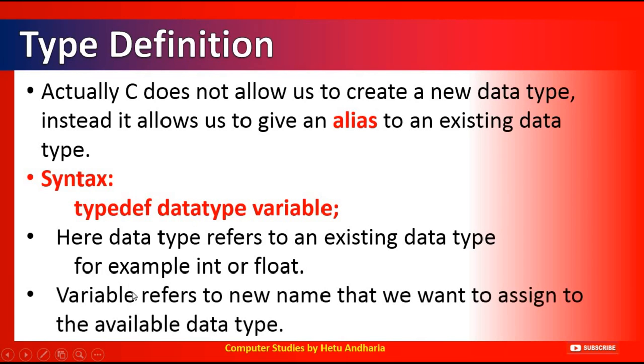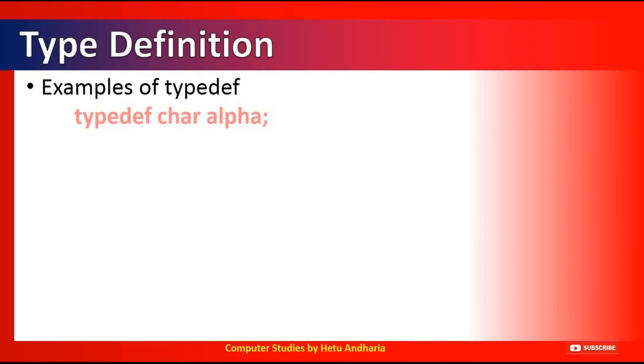And this variable refers to a new name that we want to assign to the available data type. I hope you have understood. Once again I repeat, you have to type typedef, then the existing data type, and then a new name which you want to give to that existing data type. Still if not clear, then we will solve with an example.